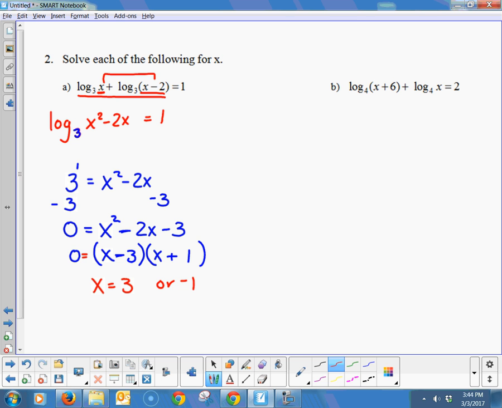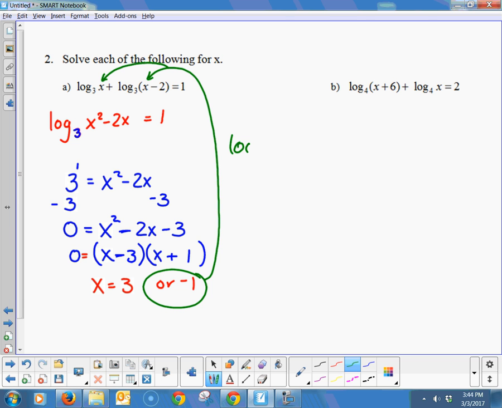It's a really good idea to check your answers in your original problem. Because here, if I check -1 right there, what we get is log base 3 of -1, and then also plus log base 3 of -3.